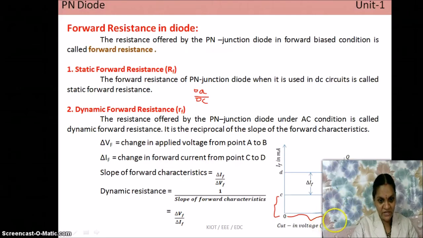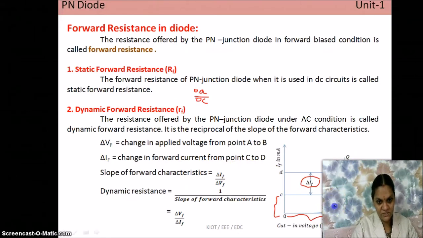That means we are varying the forward voltage from point A to point B. So the change in forward voltage is represented by del Vf, and the change in forward current, for this much value of voltage, this much will be the value of current, is given by del If. So if we take the slope, it can be obtained from the slope of the forward characteristics.